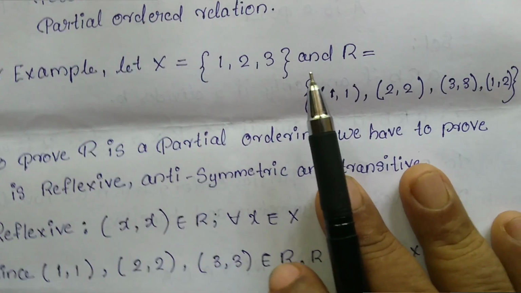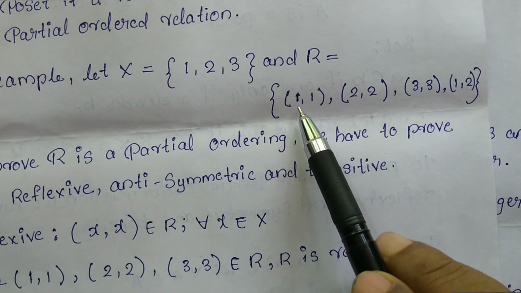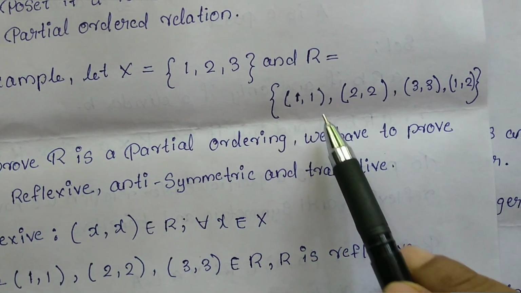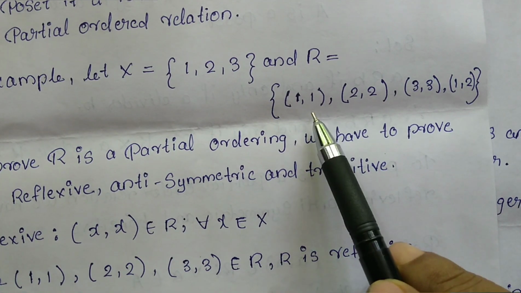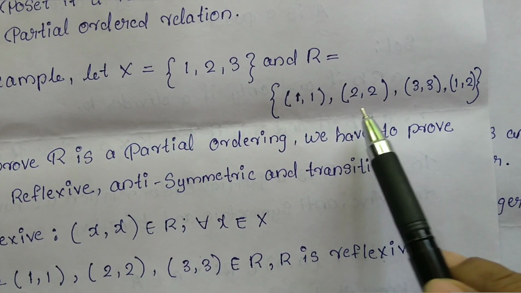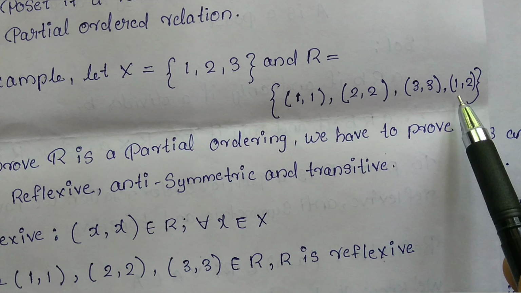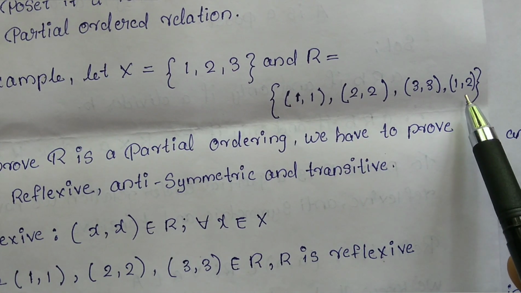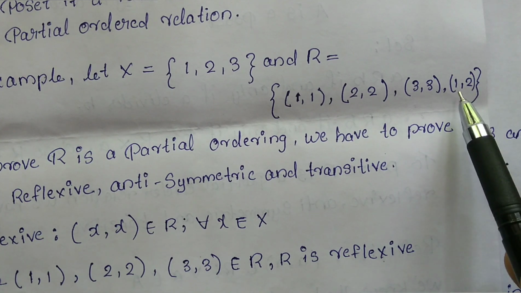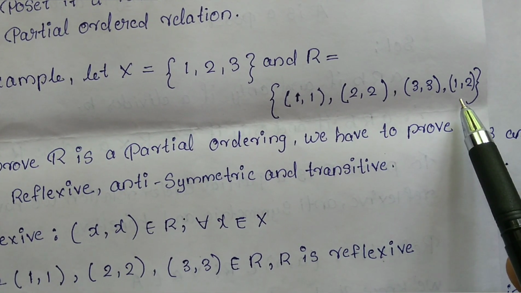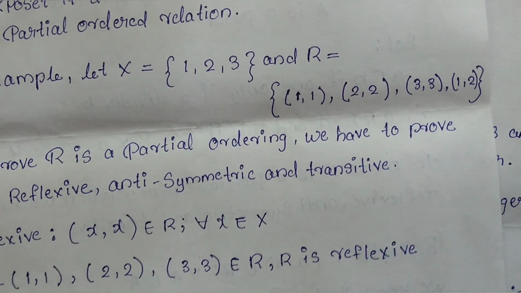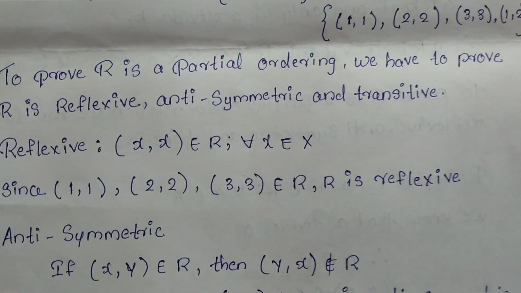Let us take this R. 1 comma 1, interchange the coordinates, that is 1,1 only. Then 2,2 the same, then 3,3 the same. But the fourth one is 1 comma 2. If you interchange the coordinates, it means 2 comma 1. So 1 comma 2 belongs to this R, but 2 comma 1 does not belong to R. That means it is antisymmetric.